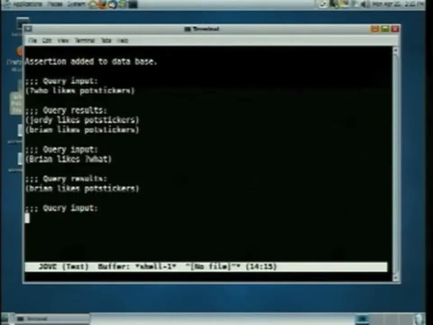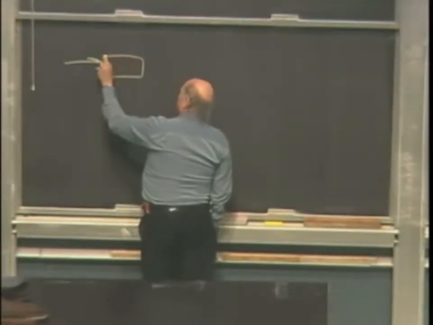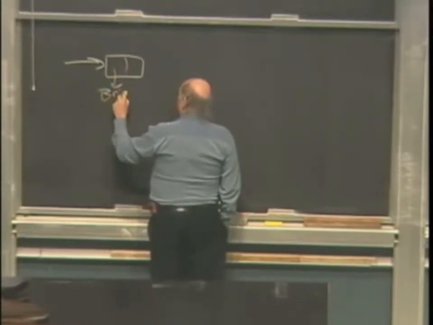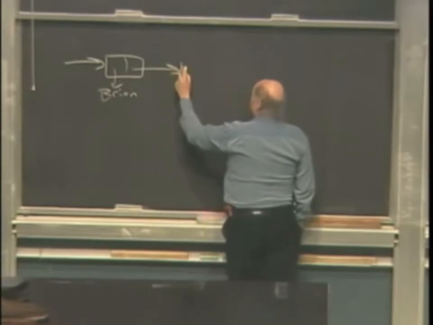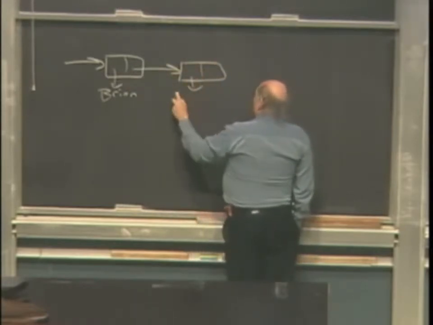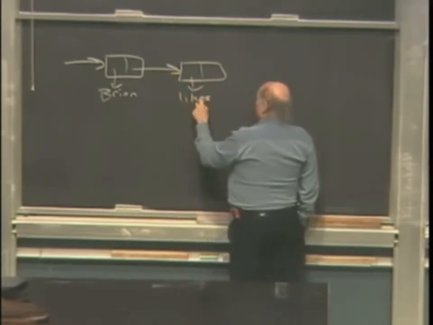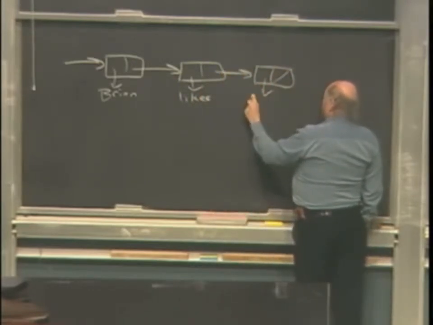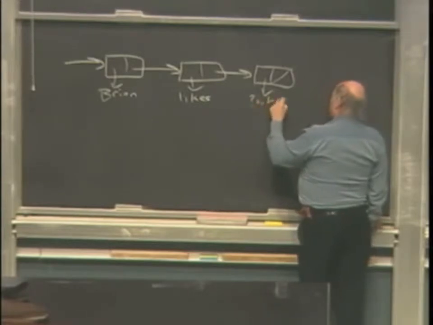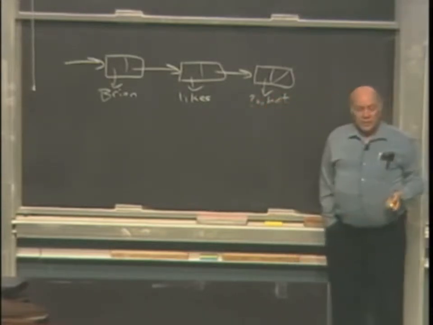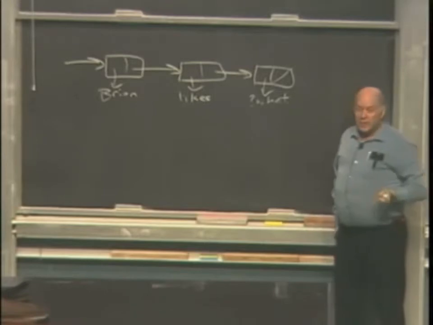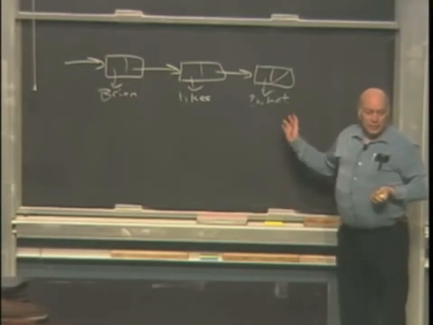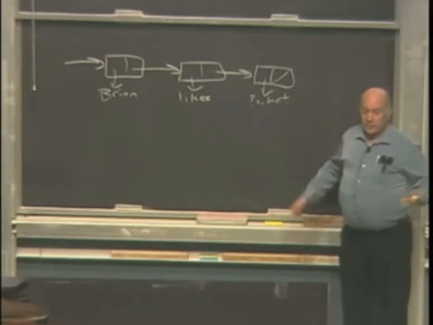If I ask the question, Brian likes ?what, the way pattern matching works is for a list, you match the cars and you match the cdrs, recursively.